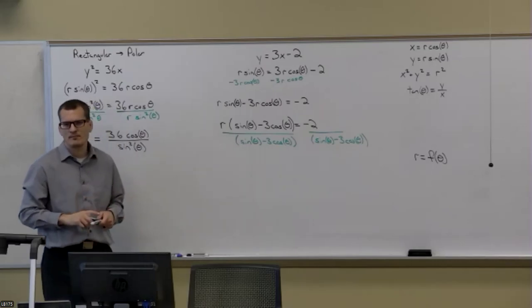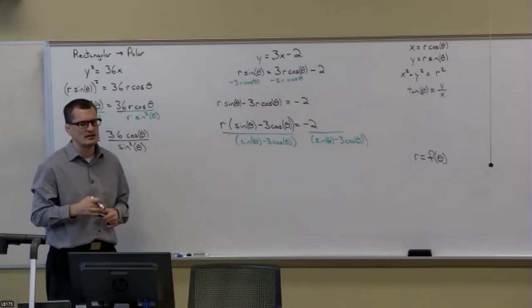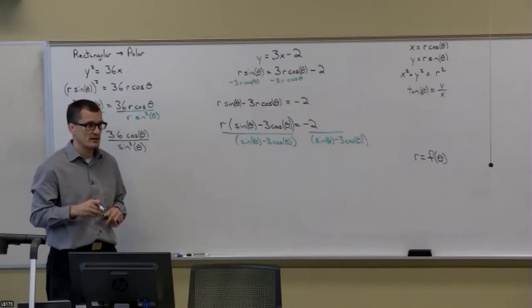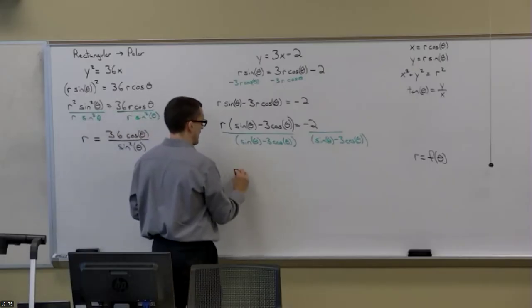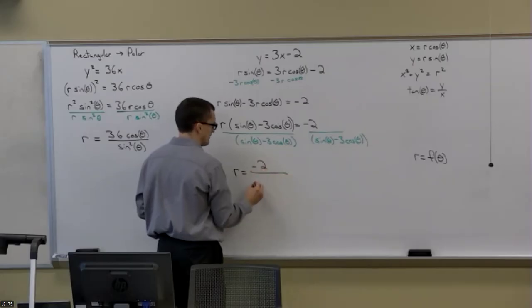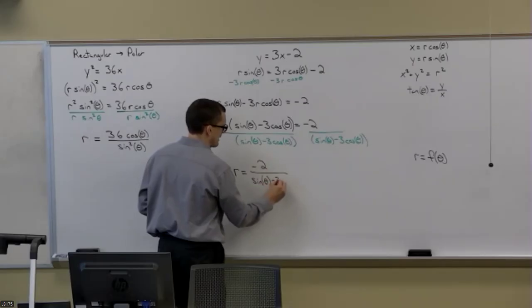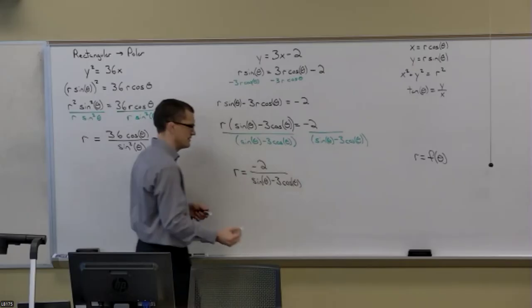Okay with that? I know it's a big, messy looking number, sine theta minus 3 cosine theta, but that is still just a number. So just divide by it on both sides. And we get r is equal to -2 divided by sine of theta minus 3 times the cosine of theta.